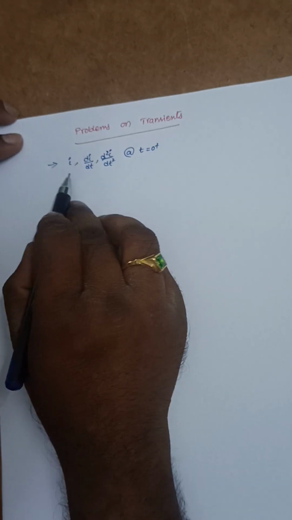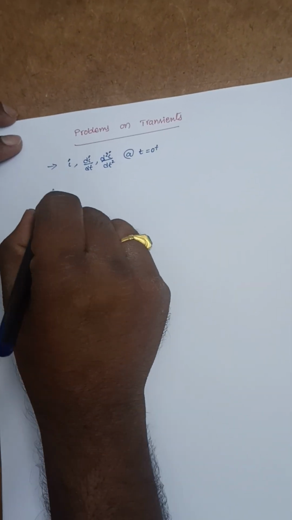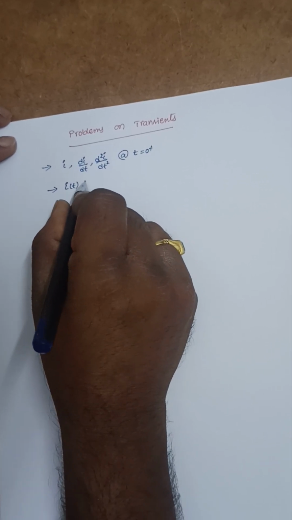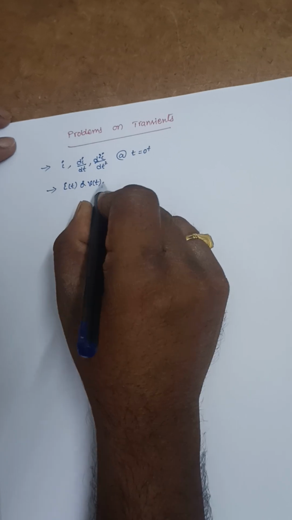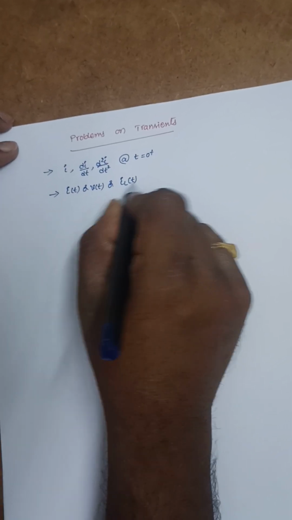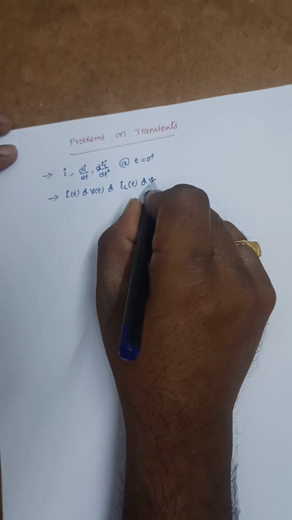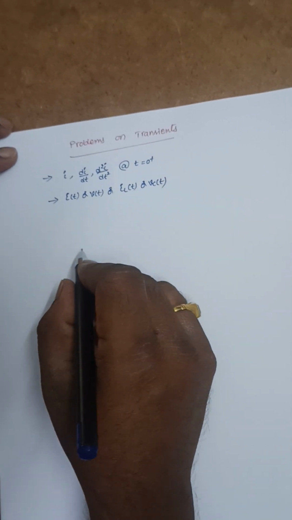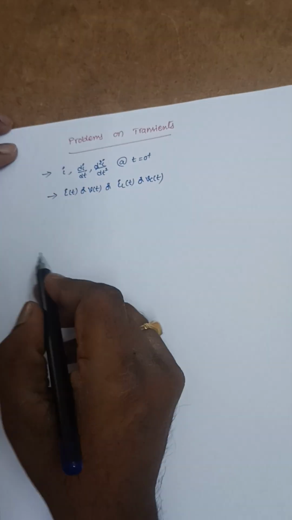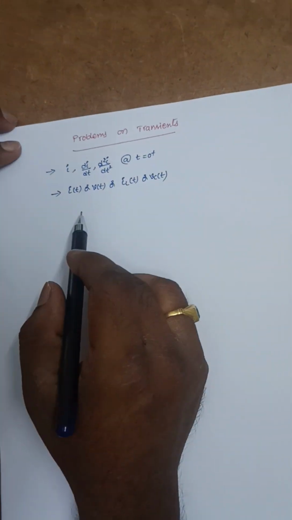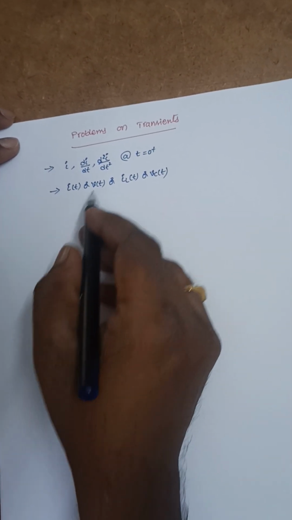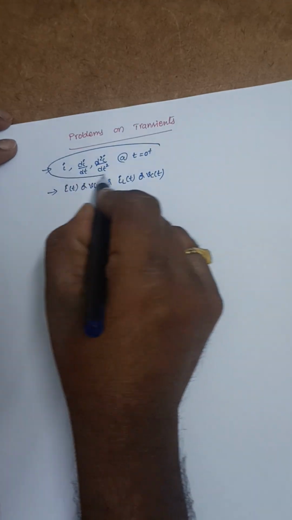Another type of problem is we need to find I of t or v of t or IL of t, the current flowing through the inductor, or Vc of t. So the examiner may ask questions on these two types of problems on transients. In this session I will explain the problems of this type.